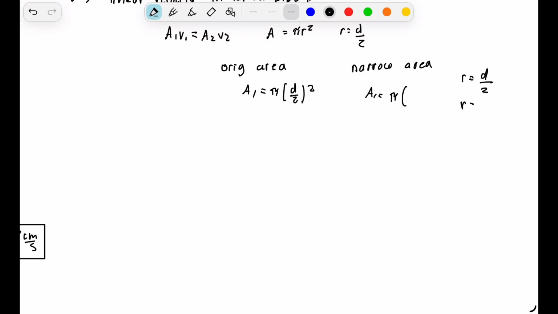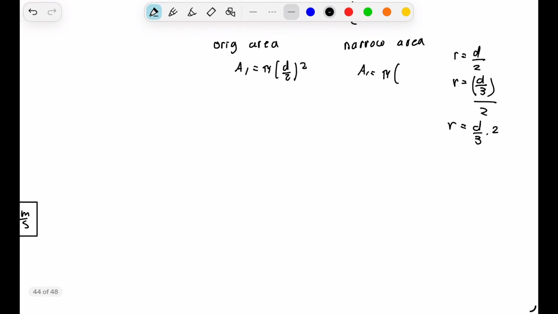But here our diameter is equal to d over 3, so you have to remember to divide that by 2. So r is going to equal d over 3, and then you can take the reciprocal of that and multiply it times 2. So that's going to be d over 6. So we can write d over 6 there and square that.